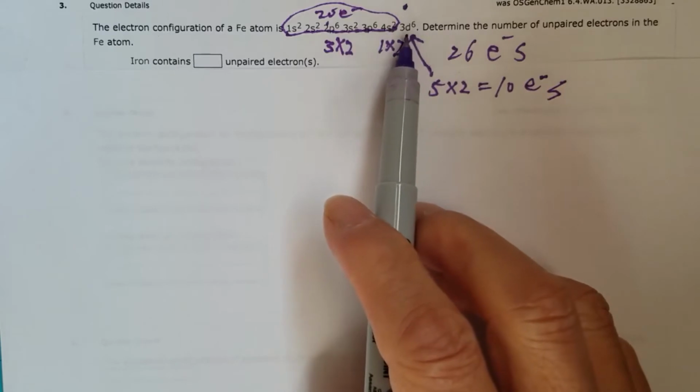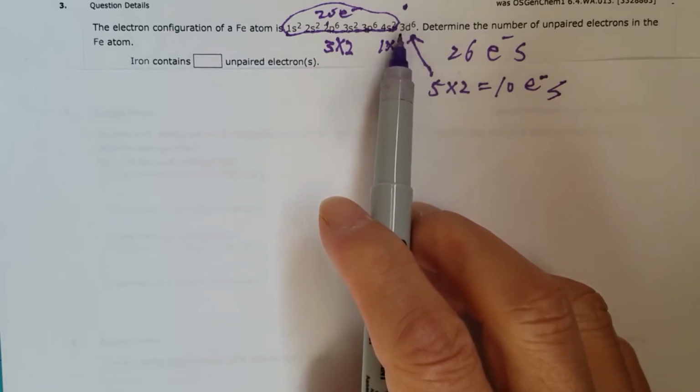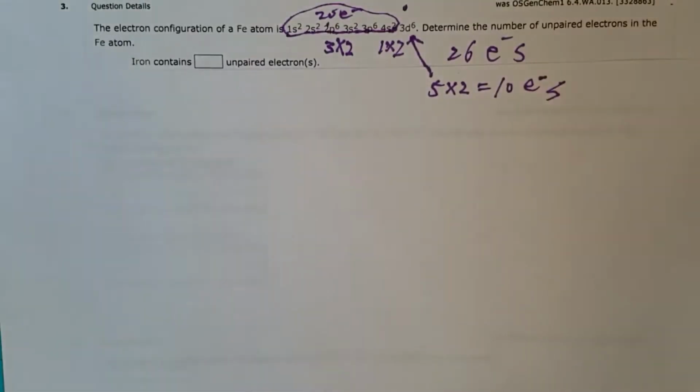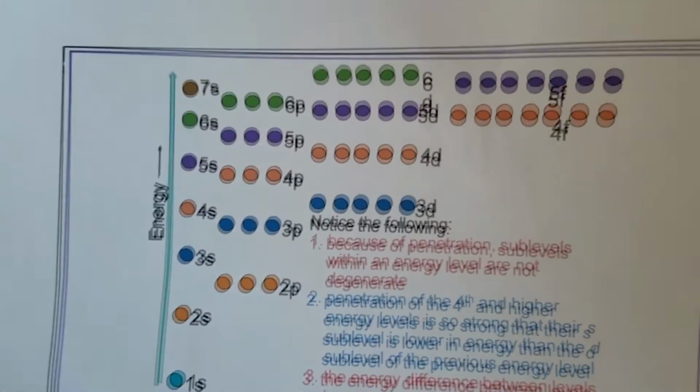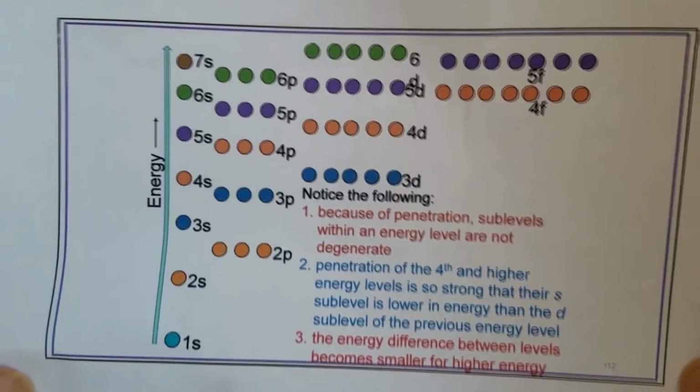In other words, the 3d energy is slightly higher than the 4s energy, as I showed you when we solved question number 2 in the same section.